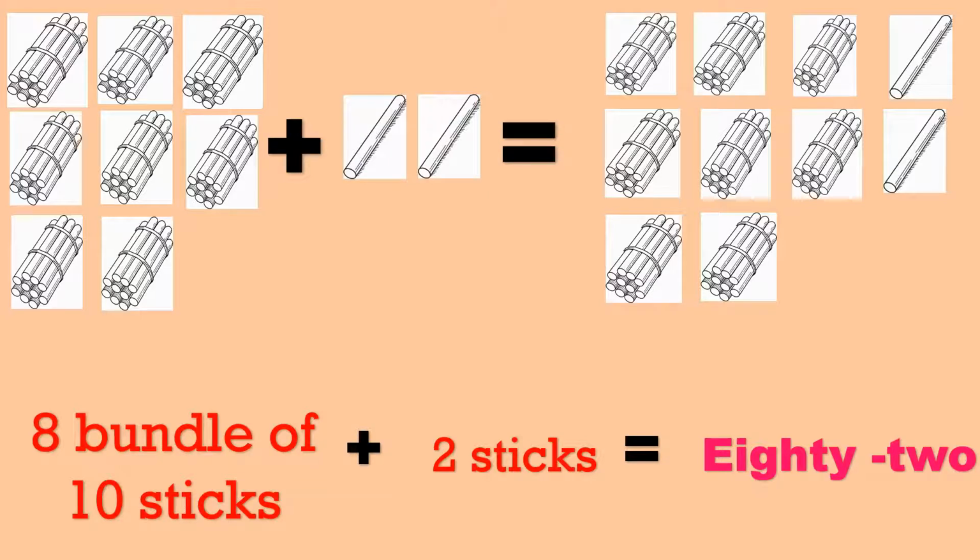So 82 sticks in all. It means 8 bundles of 10 sticks, add 2 more sticks, equal to 82 sticks in all.